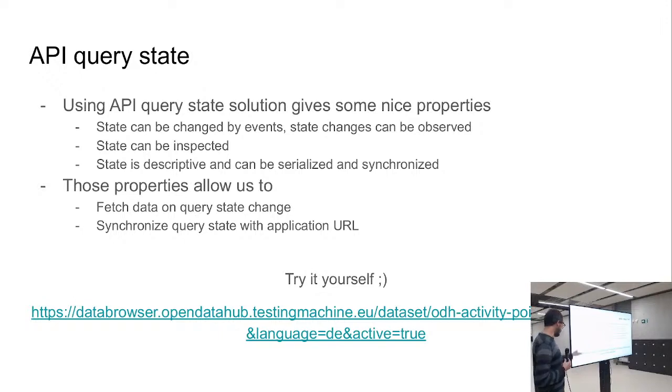You see here is almost the same URL as before, but just with some additional stuff. And here, for example, you see the properties that come from the query state. Now, if you open this URL, you get exactly to this dataset and to the filter settings that are defined here. If you change active to false or language to something else, it will react appropriately.